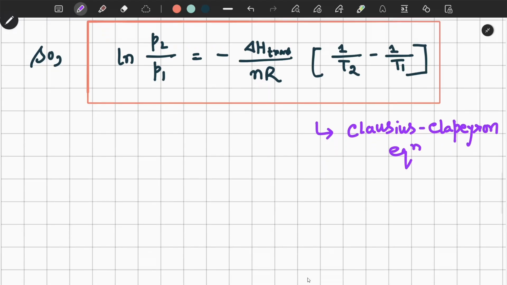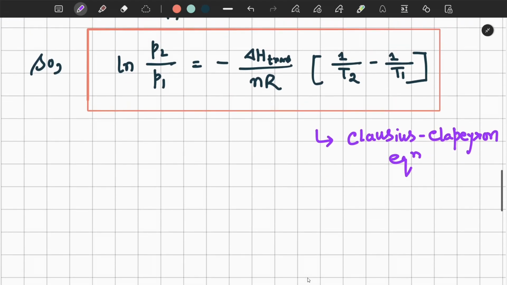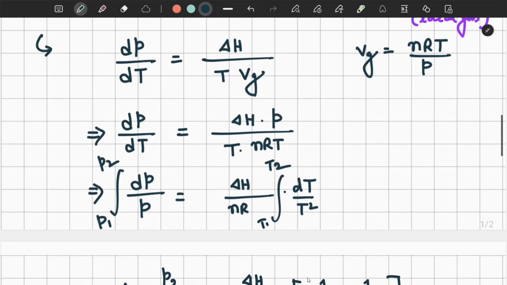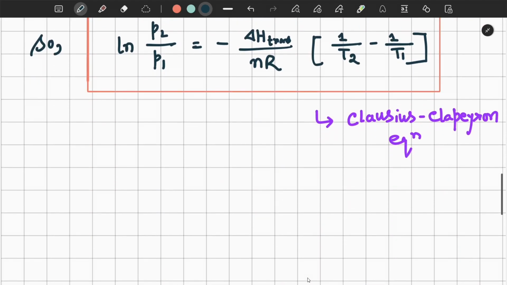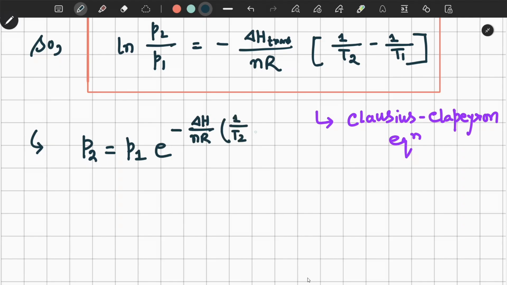It is better to remember it, or you can directly derive it from the general equation. It's not very difficult, 3 or 4 lines. From here you can rewrite it as P2 equals P1 times e to the power delta H by nR times (1 by T2 minus 1 by T1).